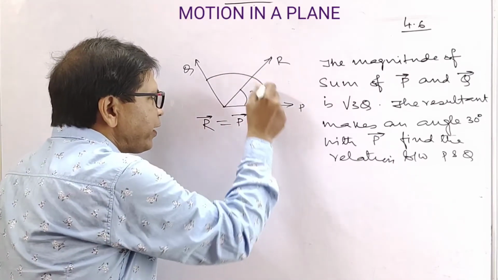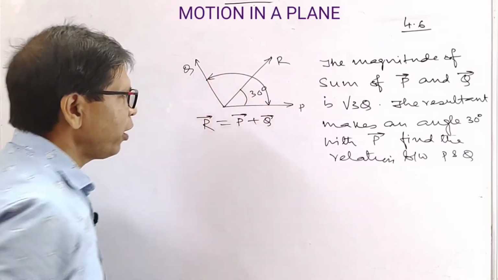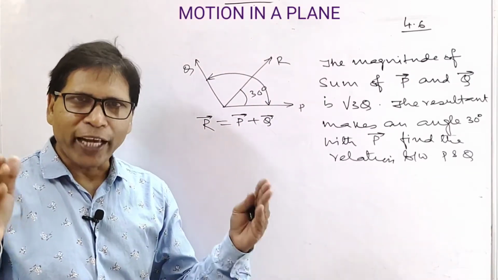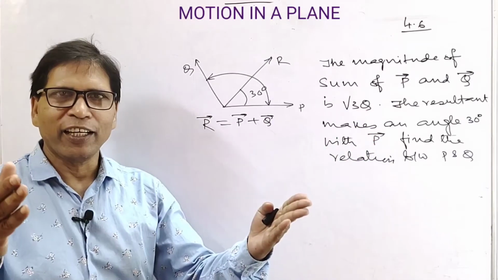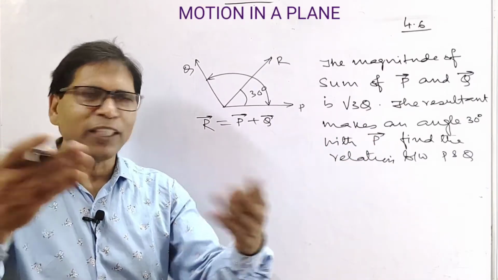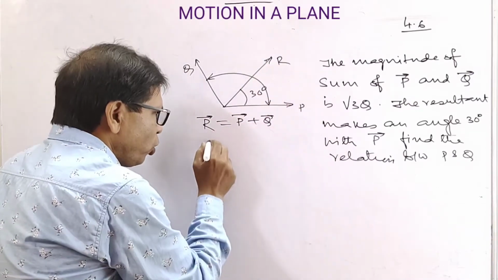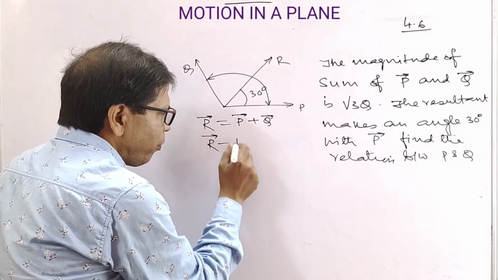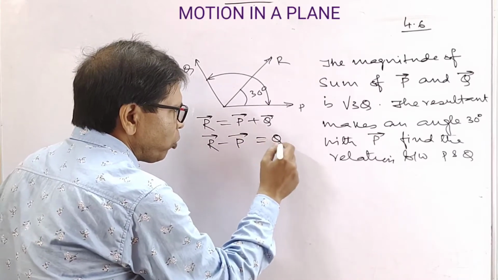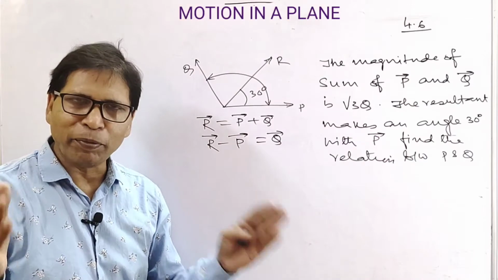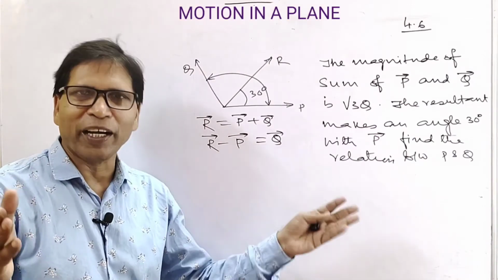Now this angle is not given, so this formula is not suitable to calculate this sum easily. The easy way to solve this numerical, look at this, the angle between R and P is given. So R vector minus P vector equals Q vector. That is, the vector difference of R and P is equal to Q vector.